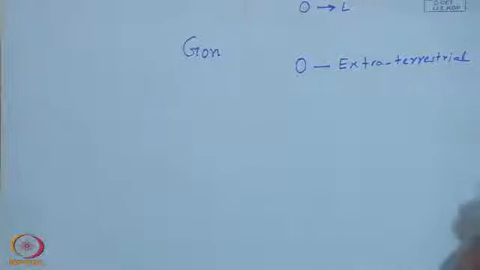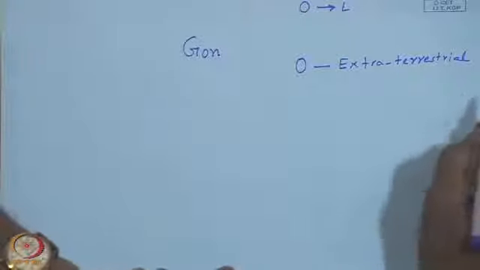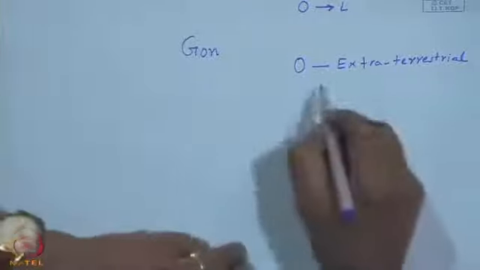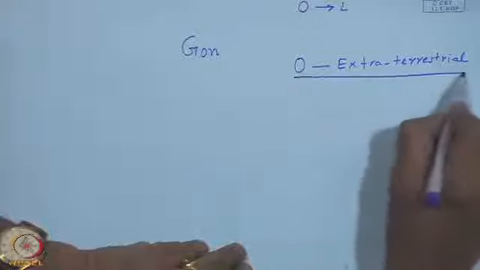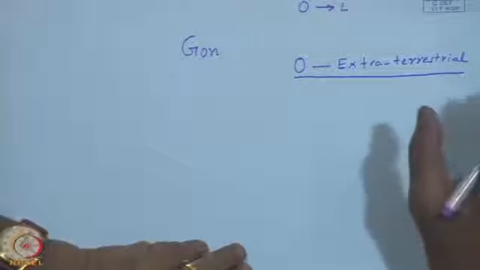This needs to be understood in the context in which it is used, not like the extraterrestrial beings, but this is the amount of radiation that would be received if the atmosphere is having 100% transmissivity. In other words, if there is no absorption, there is no scattering in the atmosphere, you will receive a certain amount of radiation at any location on the earth, which we can calculate, which we call the extraterrestrial radiation.